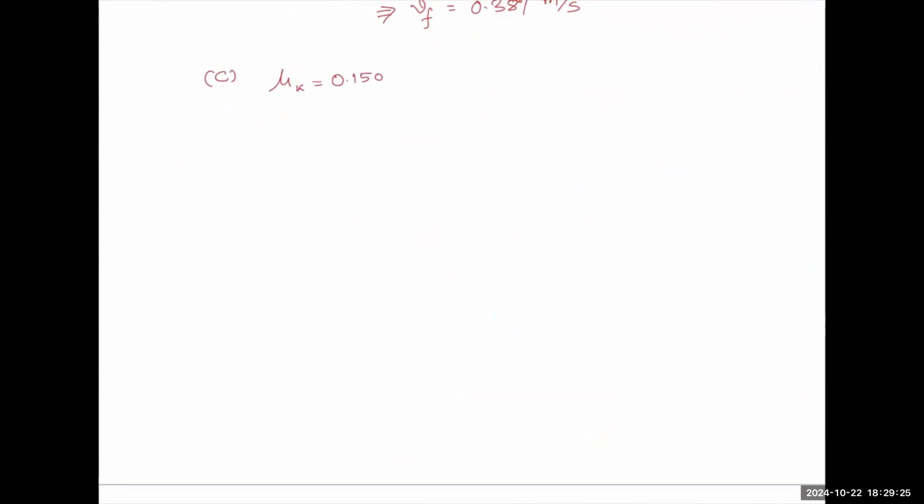By definition, what is the friction force then? Why do I need to get the friction force? Okay, let me ask you this question. How is the friction coefficient related to energy?